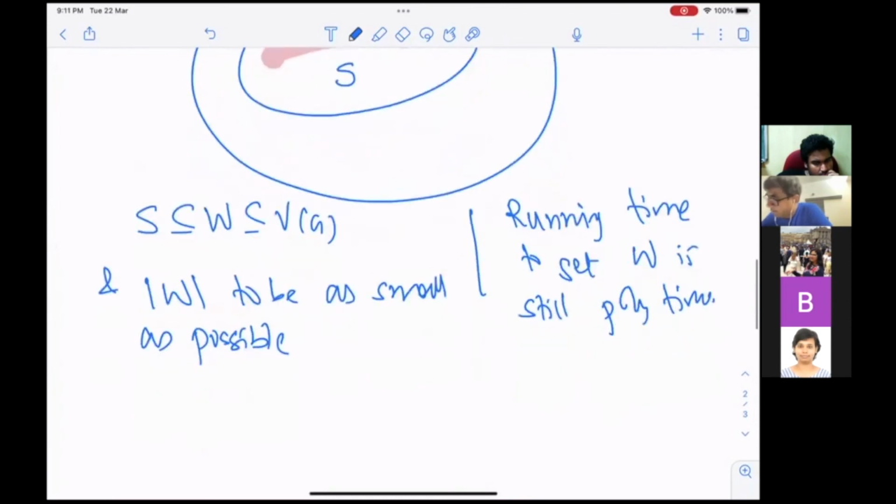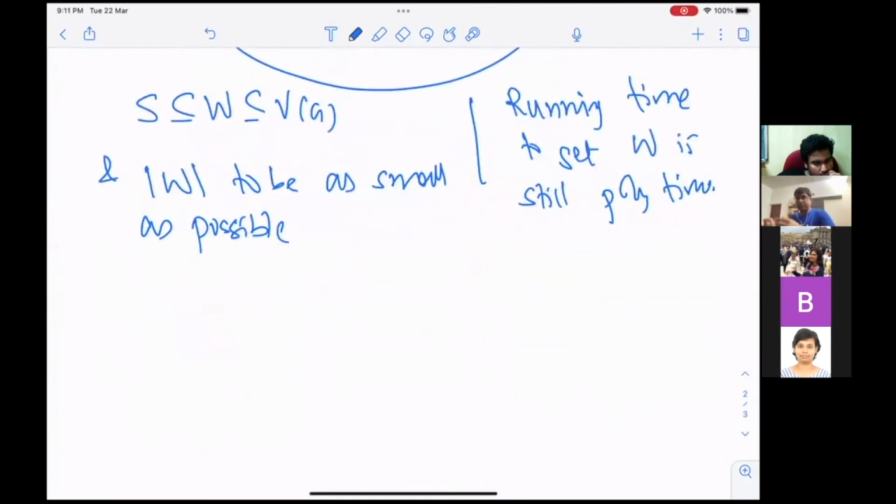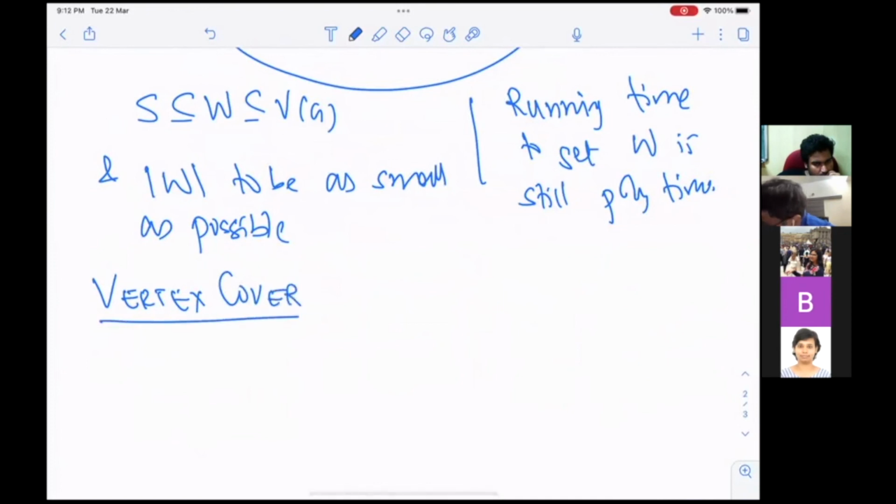Then we started with vertex cover and tried to design such a W for vertex cover.